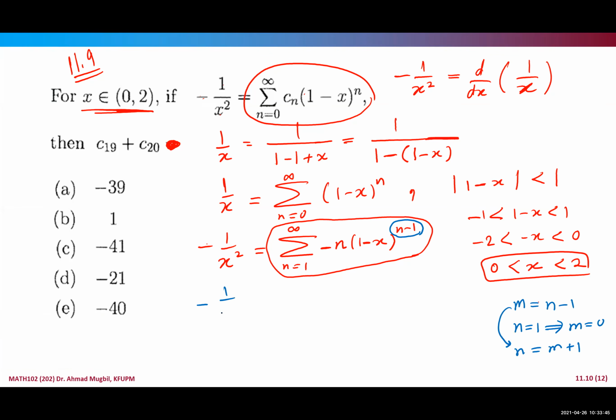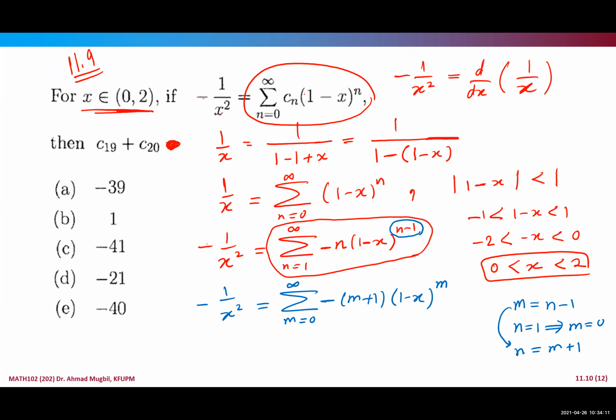We have -1 over x squared equals sigma, and instead of n starting from 1, we will write m starting from 0 to infinity, of negative n, what is n? It is m plus 1, times 1 minus x to the power n minus 1, which is m. Now, as I said, guys, it is an index. You can write it back as m or n.